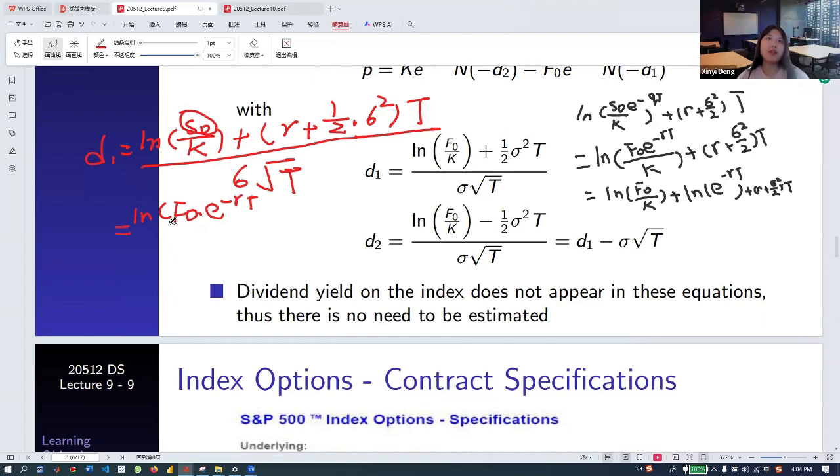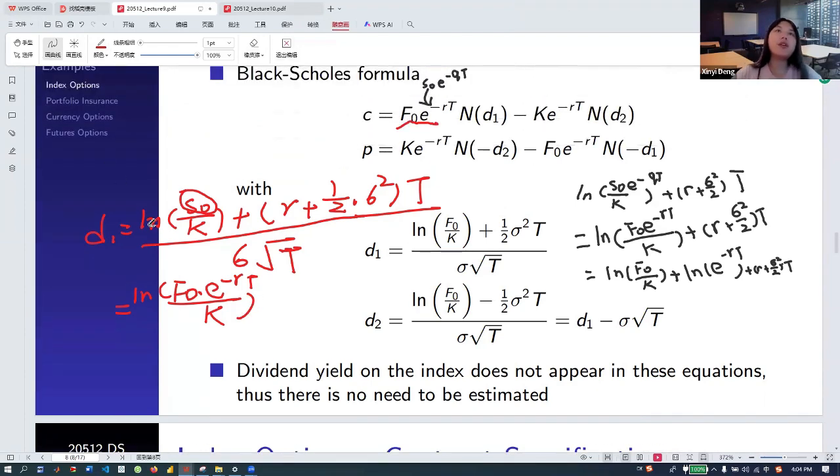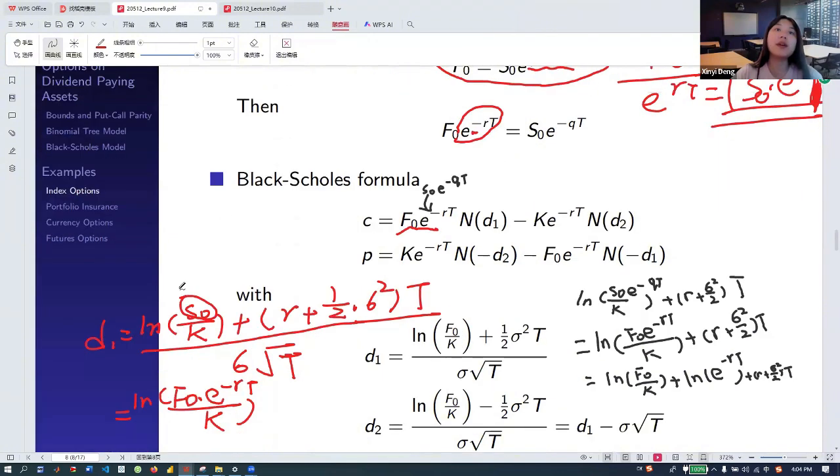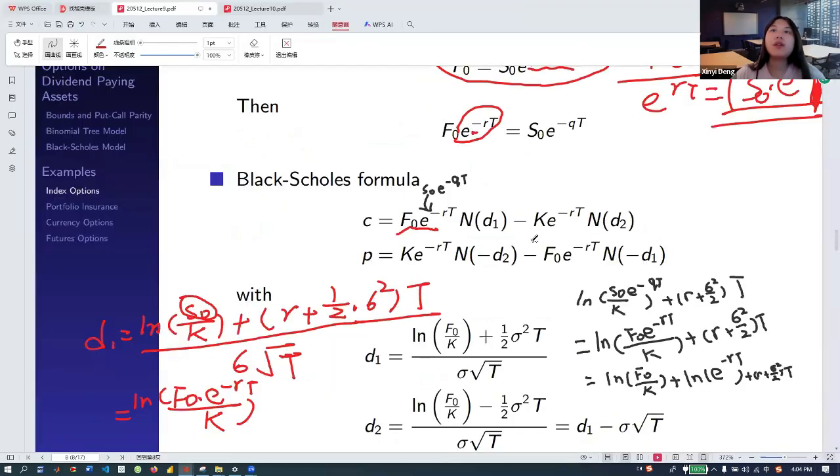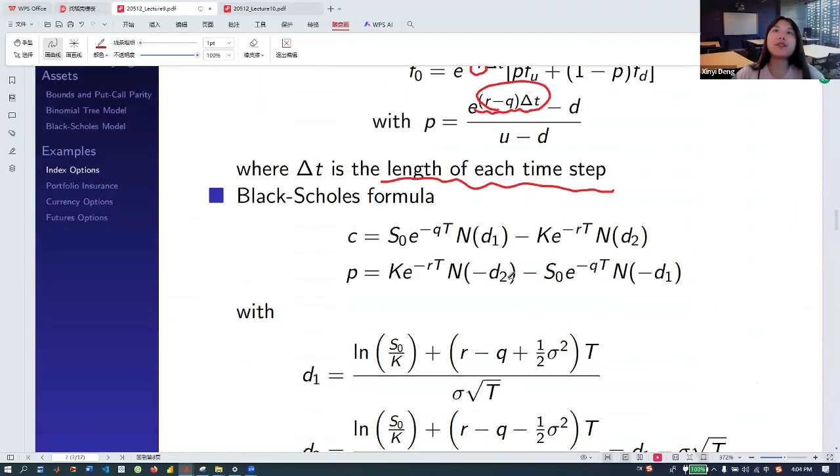And then divided by K. Actually, here, let's forget about the original version without dividend yield. Let's write this expression as a version like the previous version we just discussed, like this version.